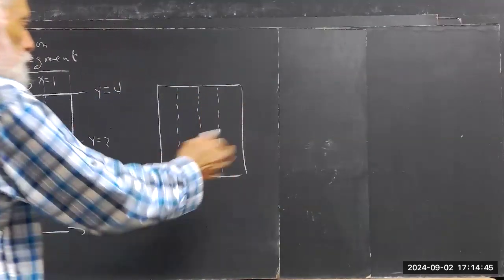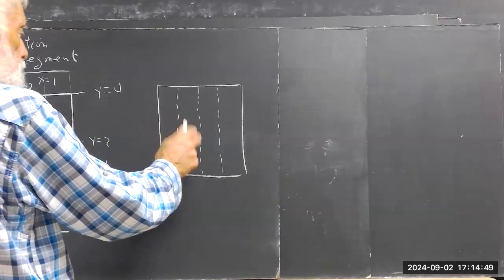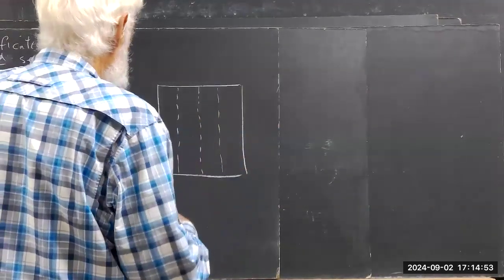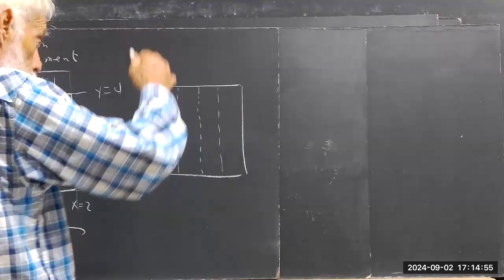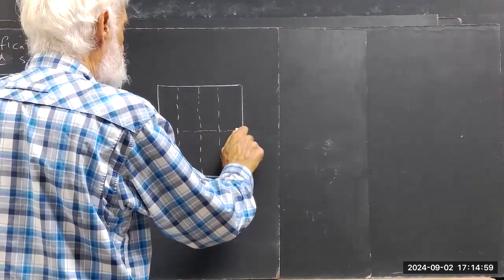Okay. And you can label these. This is x equals -2 on the boundary, x equals -1, x equals 0, x equals 1, x equals 2 on this boundary. Okay. For the horizontal construction lines, we'll start with the usual one right down the middle.